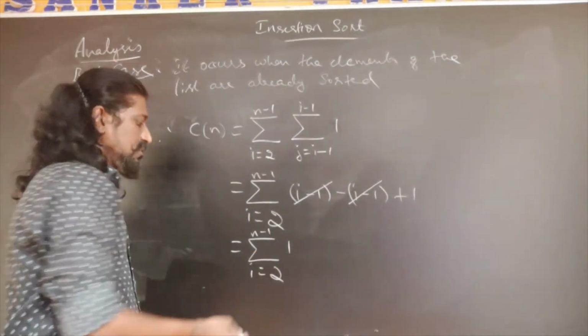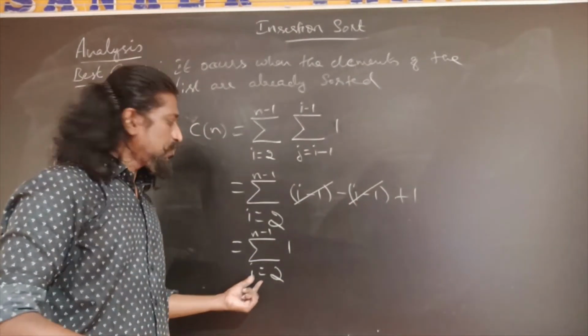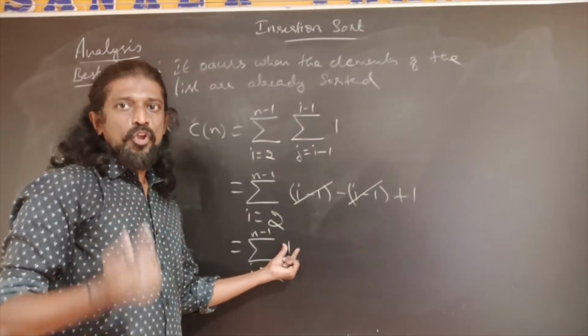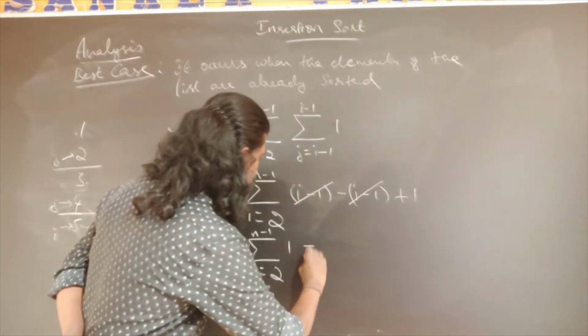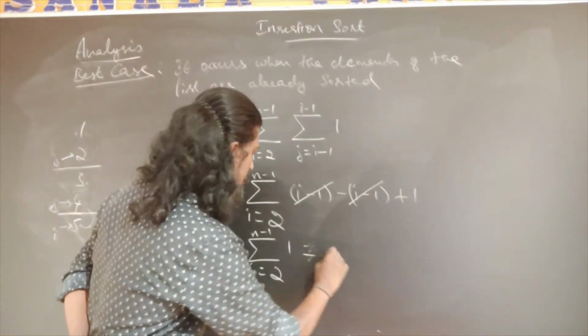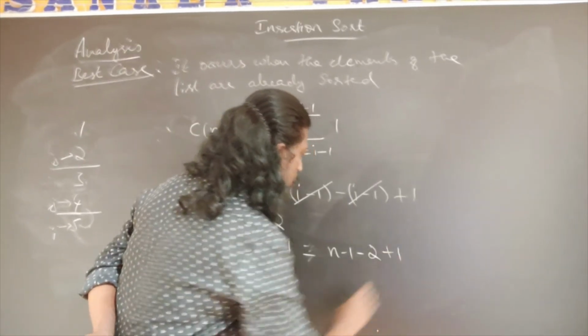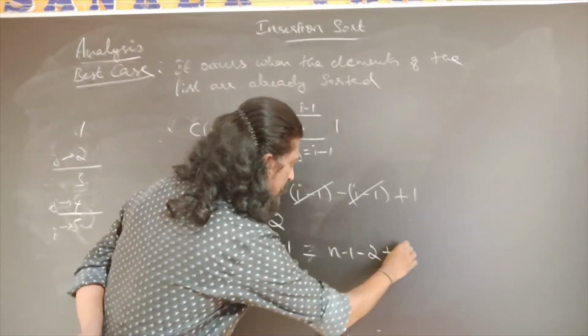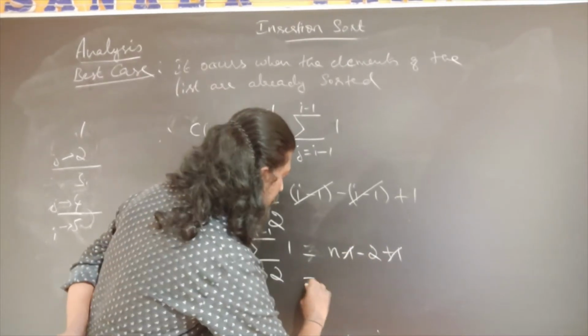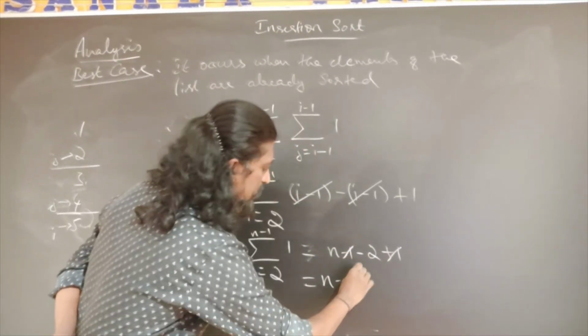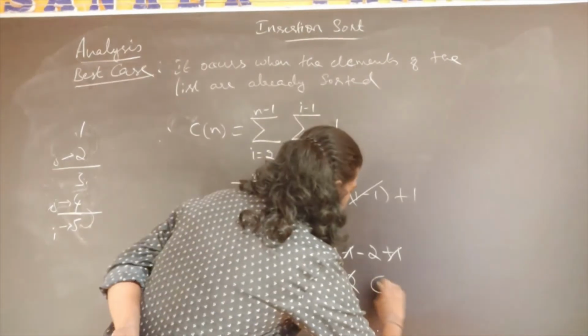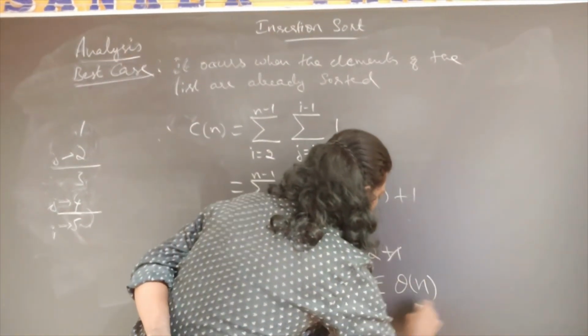So in each pass of the i loop we are doing the comparison operation only once. Therefore that is equal to upper bound n minus 1 minus lower bound 2 plus 1. This plus 1 and this minus 1 get cancelled. It is equal to n minus 2. When we eliminate the constant, we get that it belongs to theta of n.